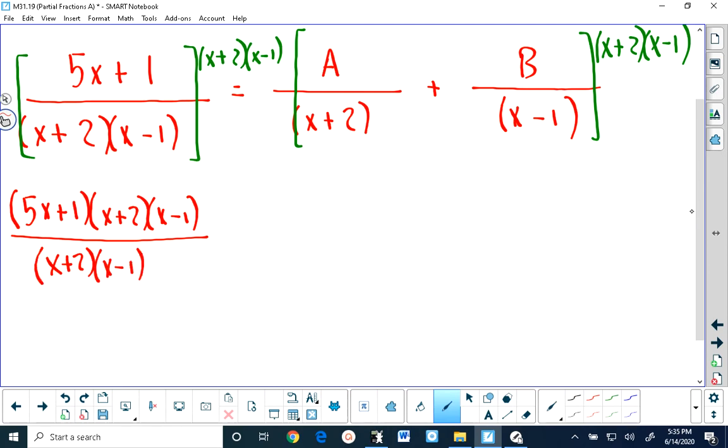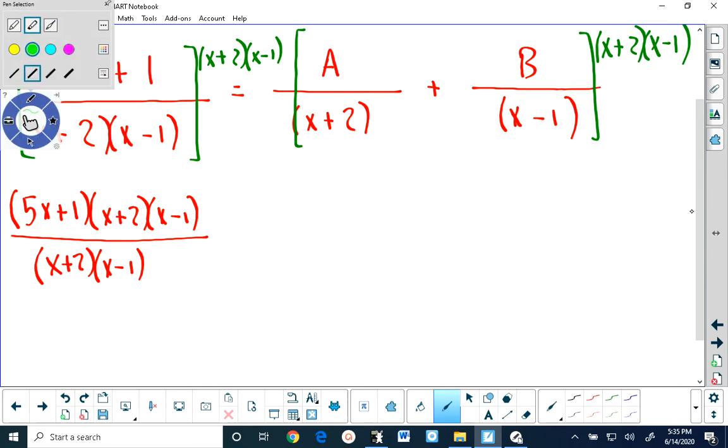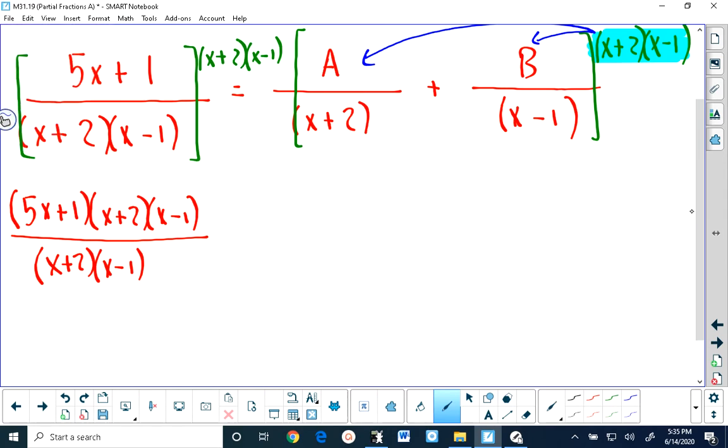I need to take on the other side this (x+2)(x-1), and distribute it by multiplying that by the A over the x+2 and multiplying that by the B over the x-1.